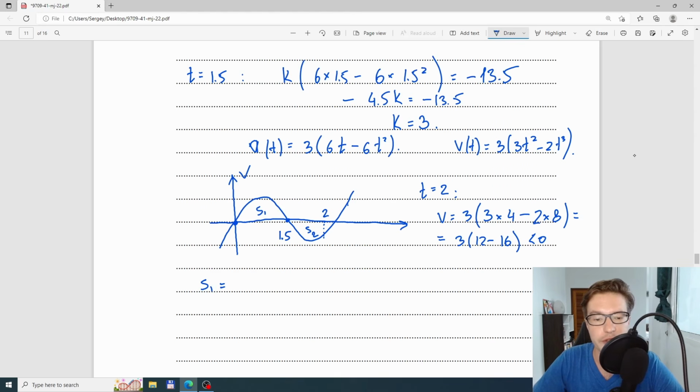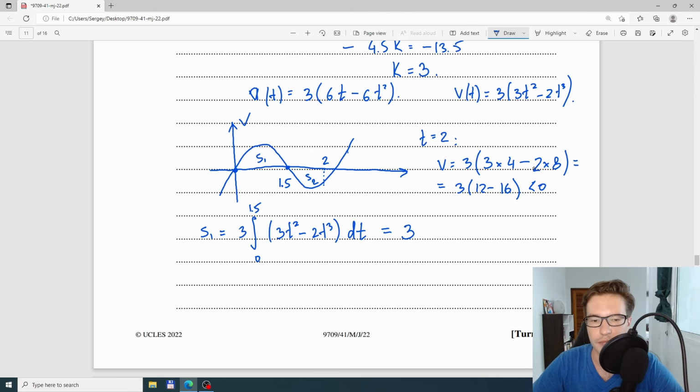Okay, so s1 is going to be the integral from 0 to 1.5 of the velocity, so it's 3t cubed divided by 3 minus 2t to the power 4 over 4 from 0 to 1.5.